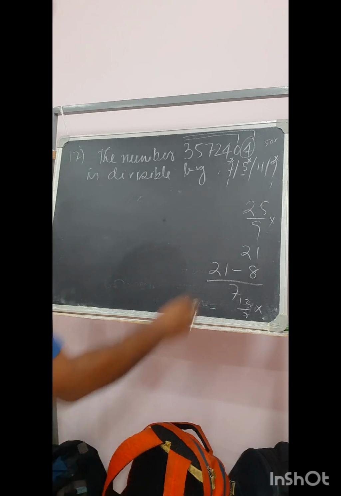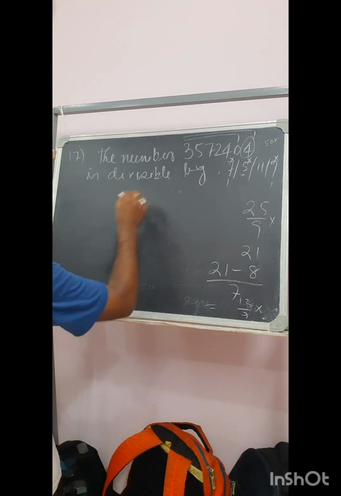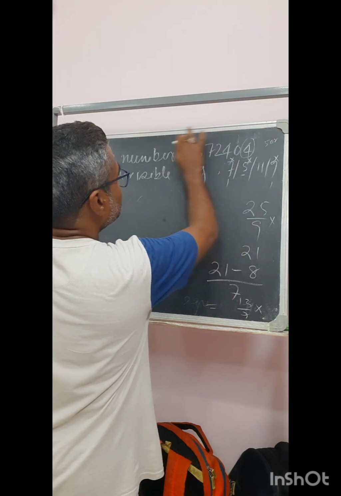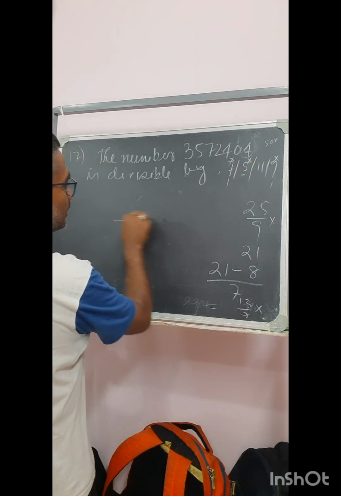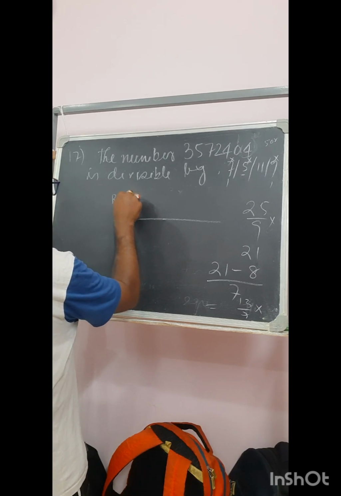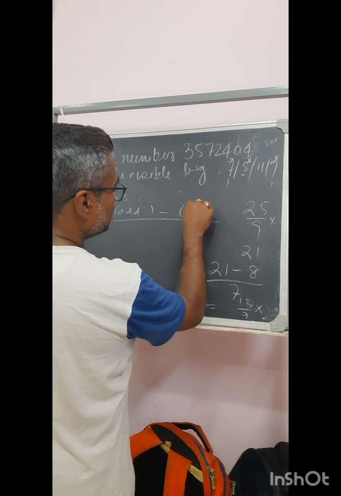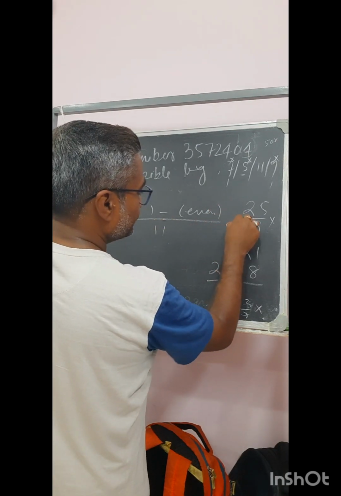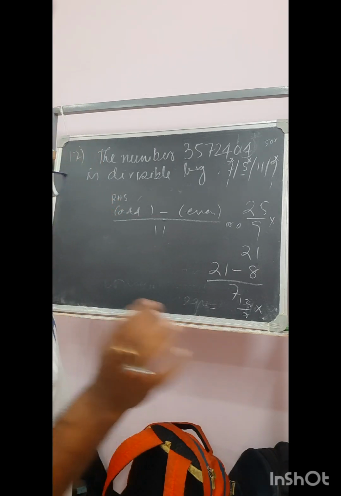Now remaining is 11. For 11 we know we have to choose the number places, where from the right-hand side I have to add odd places minus even places, and if it is divisible by 11 or 0, then it is divisible by 11.